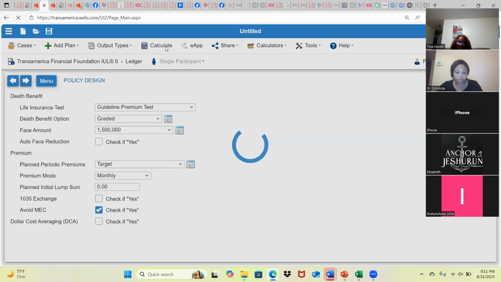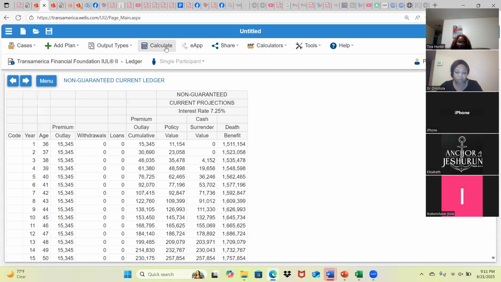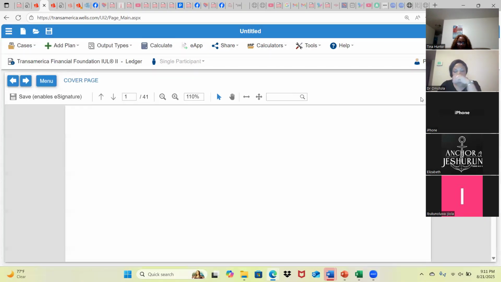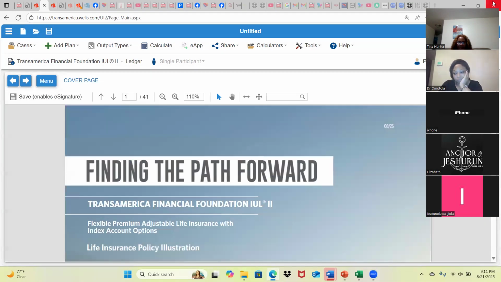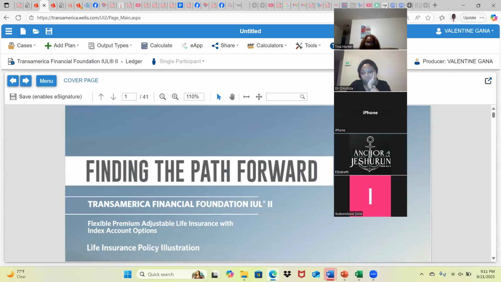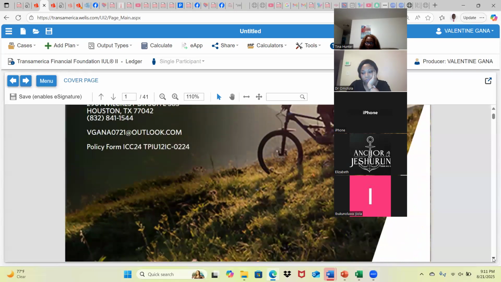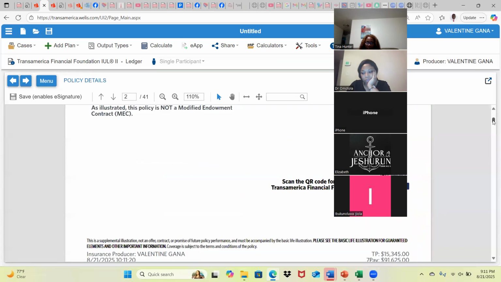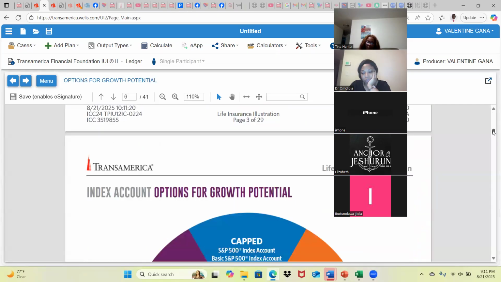So we run calculate with graded, okay? And we go to the policy figures. Let's do the cover page here. Let's look at how the cash growth happens. And you guys are going to learn this, and you're going to be an expert in doing this when you get your license, all right?